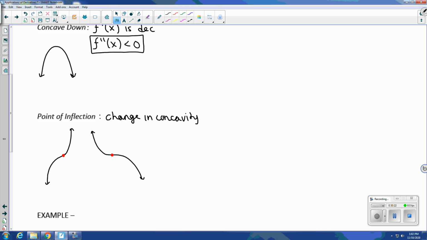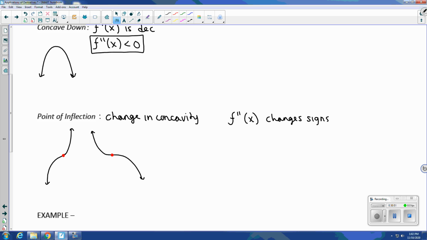Okay? Now, how do we identify the point of inflection algebraically? We're going to look to see where the second derivative changes signs. As the second derivative is positive, we know we have concave up, and negative, concave down. So if I can see where it changes signs, that will reveal where I have a point of inflection. Therefore, we can make a sign chart to identify where we have concave up, concave down, and points of inflection.